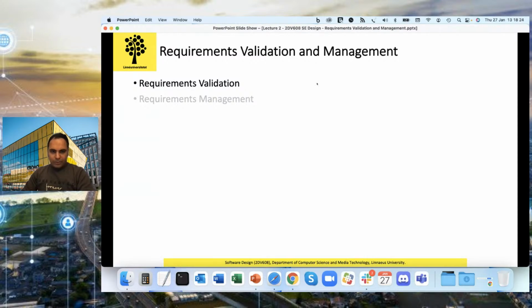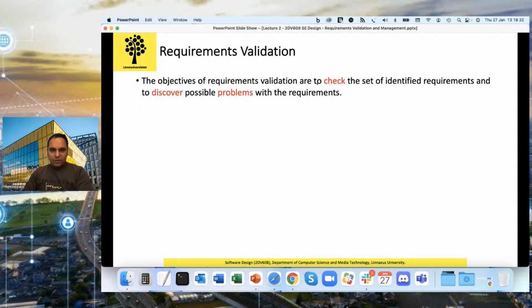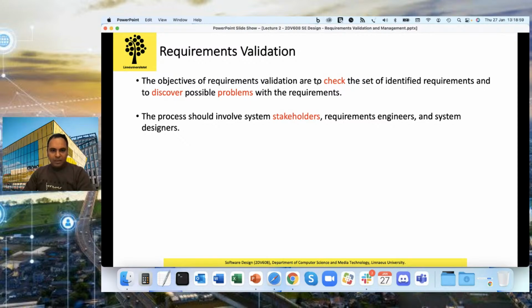Today we will have two parts: one for validation and one for management. What do we mean by validation? It's about checking the requirements to identify possible problems in them. It's similar to requirements analysis, but not exactly; there are some slight differences.